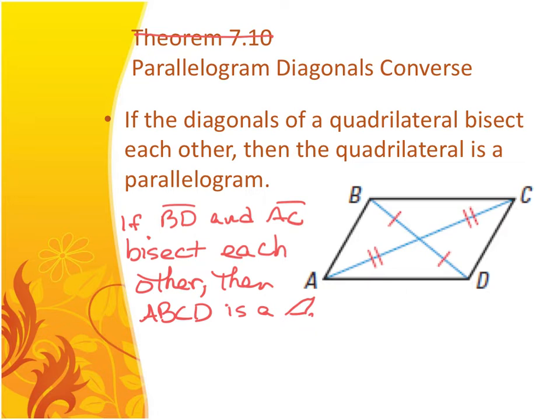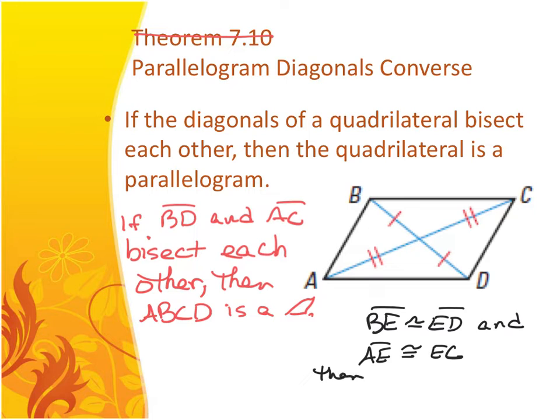Based off the pictures, you could state that BE is congruent to ED and that AE is congruent to EC. If you have that kind of markings, then you know that ABCD is a parallelogram.